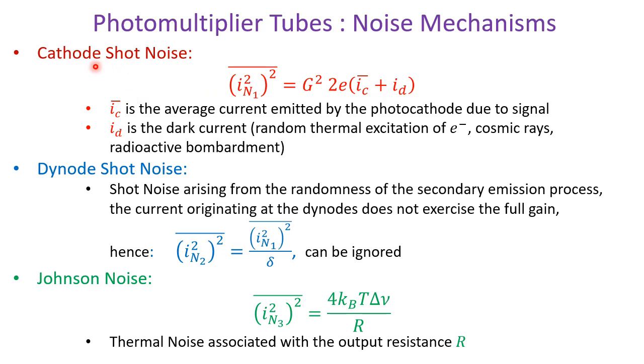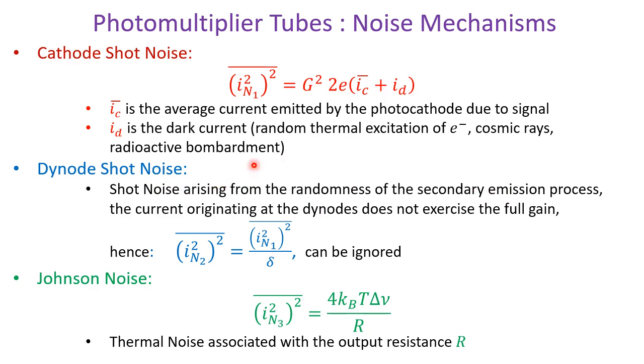Now, just like there is a shot noise because the electrons are being released in this individual discrete manner, absolutely similarly, the secondary electrons also are released in this discrete random manner, right? So there is a randomness associated with the secondary emission as well that creates its own shot noise.